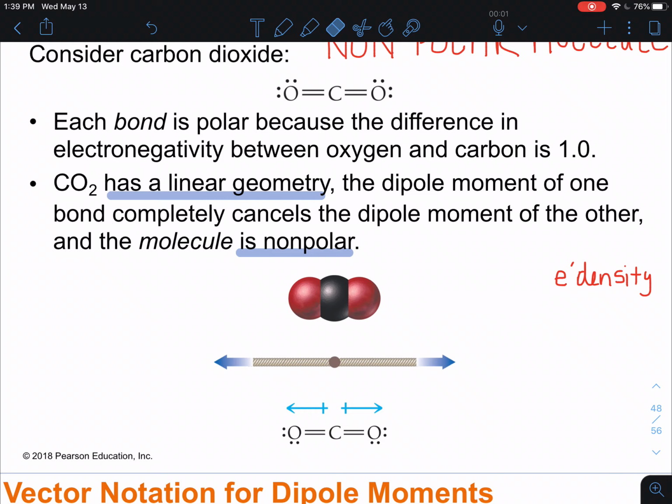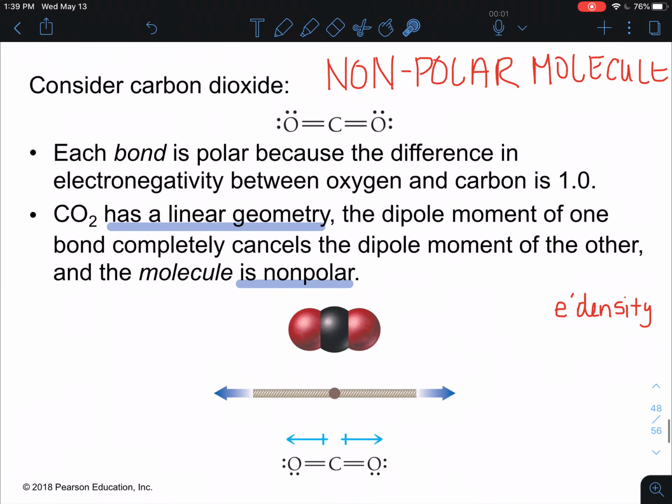So if we represent polar bonds as vectors, and if we look at CO2, for example, you can see here that if we were to add these two vectors together, they would essentially cancel each other out because they are pointing in equal and opposite directions.